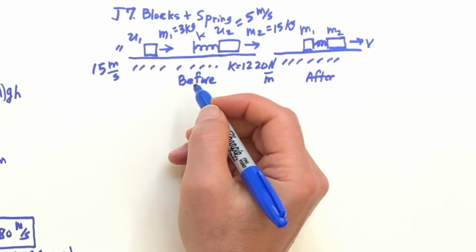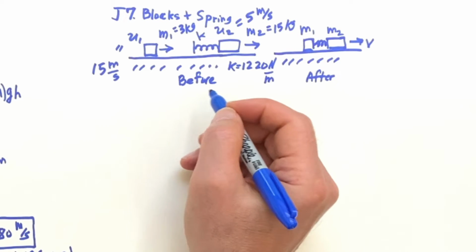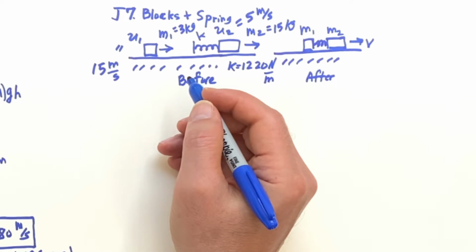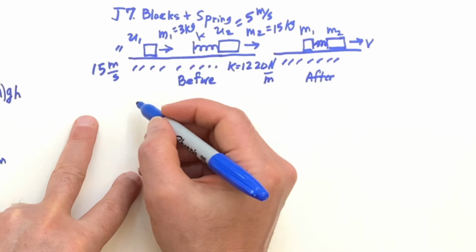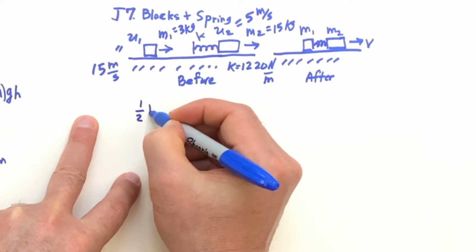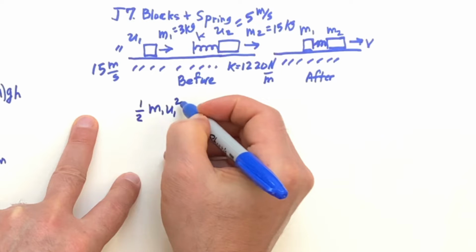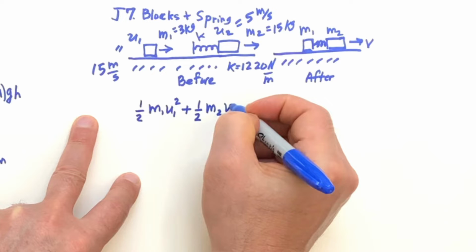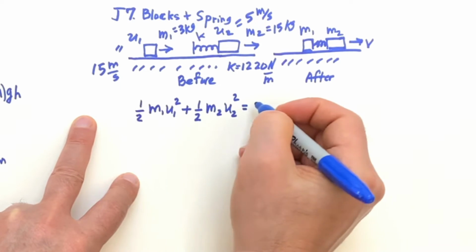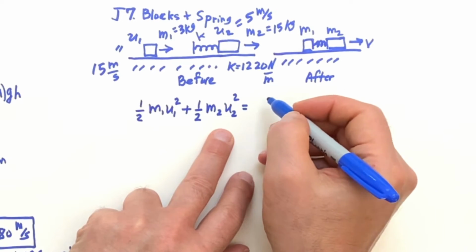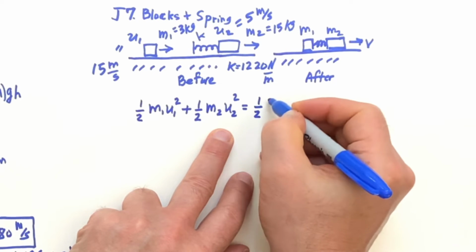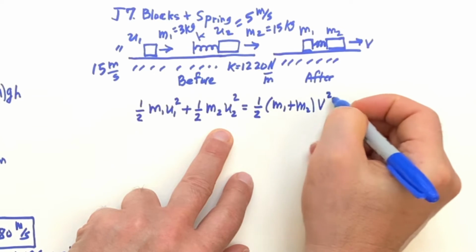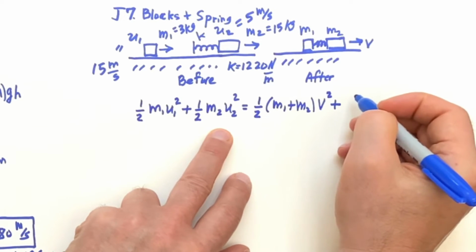Okay, so we go here with conservation of momentum and conservation of energy. Well, let's do the energy one first this time. So 1/2 m1 u1 squared plus 1/2 m2 u2 squared is equal to 1/2, they're moving together now, so it's m1 plus m2 v squared, but now there's potential energy because the spring is compressed.